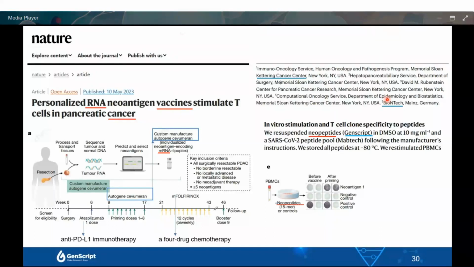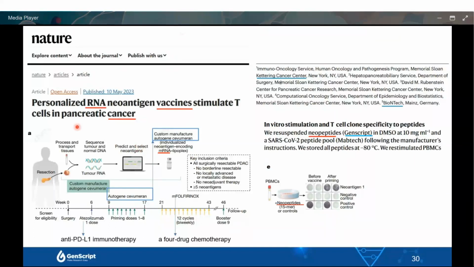I think right now it's in clinical phase 2. This vaccine uses GenScript neoantigens for in vitro stimulation and T cell clone specificity to peptides. Let's take a quick look at what it is about.